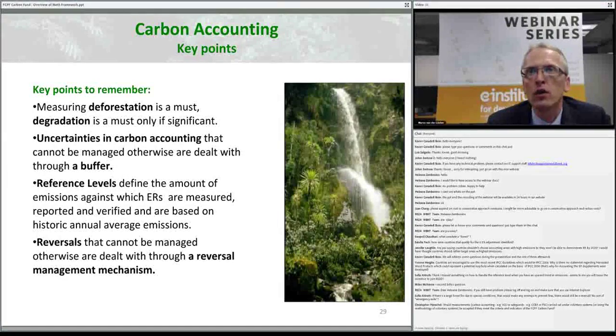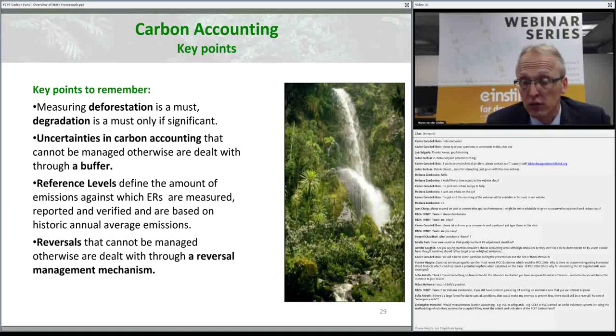There are different lists out there, different ways of establishing what these HFLD countries are. The Carbon Fund does not set a hard limit. It doesn't say you're an HFLD country if your historic deforestation is lower than X. So as a country, you need to make that case yourself, basically.